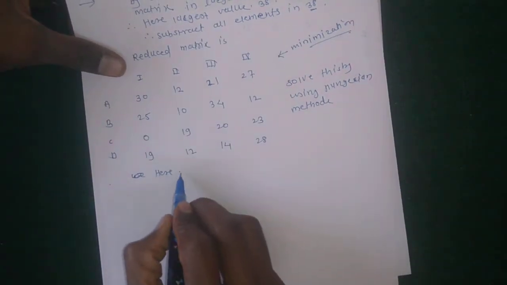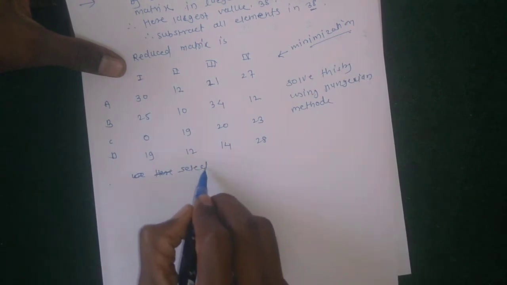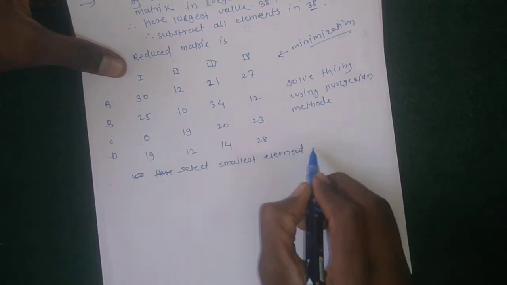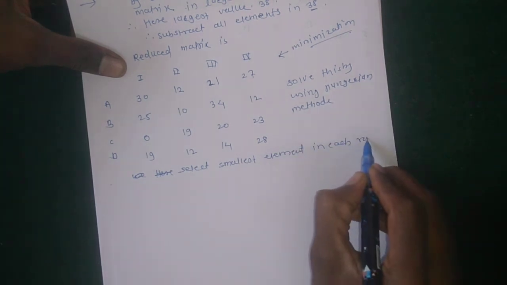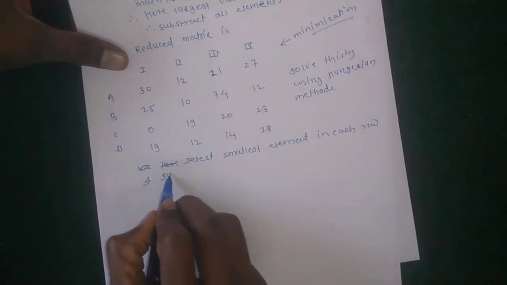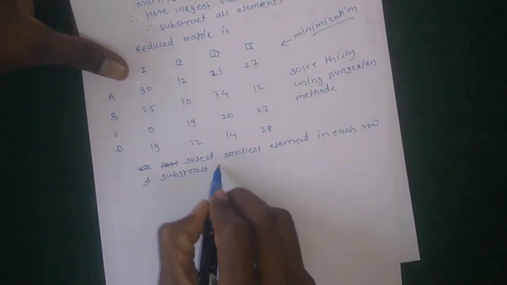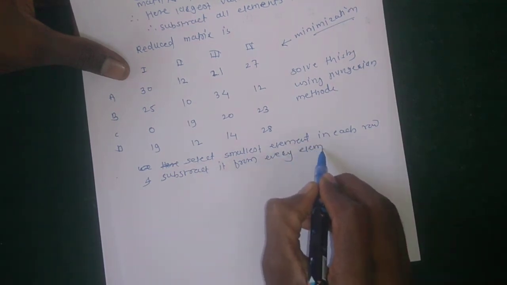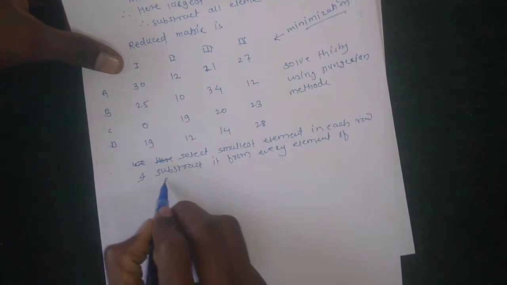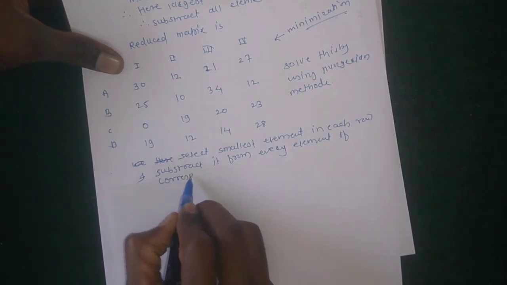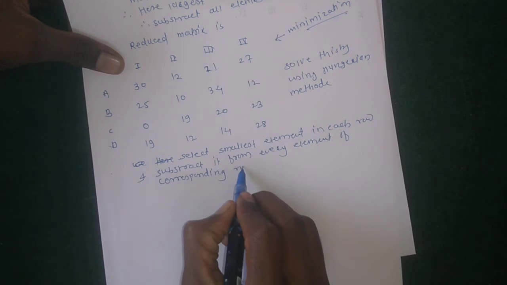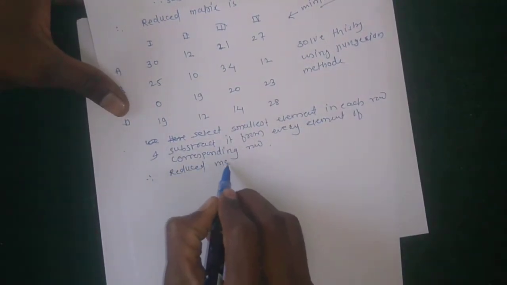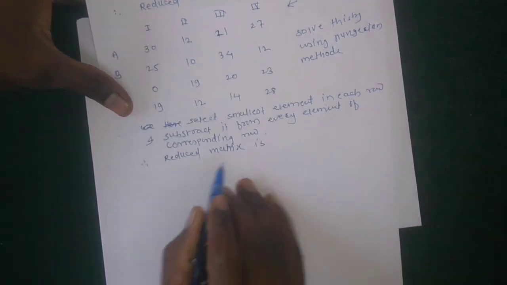Select the smallest element in each row and subtract it from every element of the corresponding row. So the reduced matrix is here.